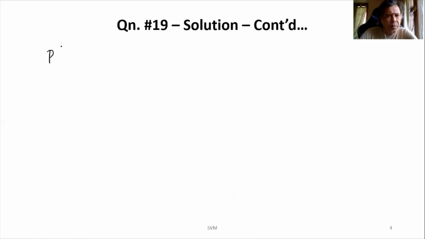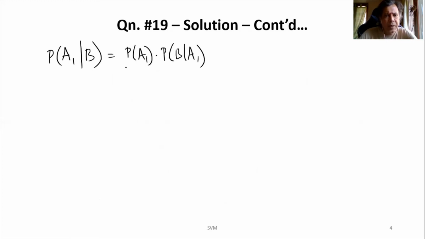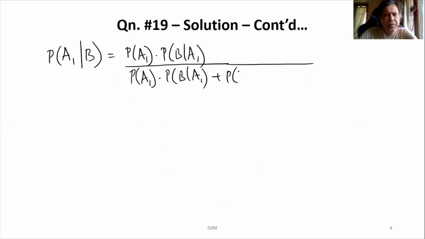What is probability of occurrence of 6 given that the man has reported that it is a 6? So again, I will say it is probability of A1 multiplied by probability of B given A1, whole thing divided by probability of A1 multiplied by probability of B given A1 plus probability of A2 multiplied by probability of B given A2.